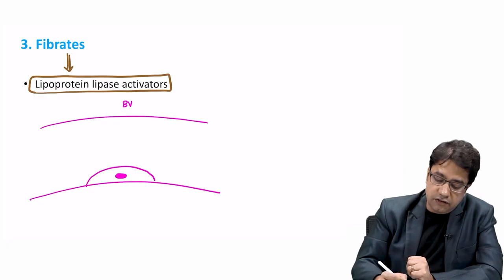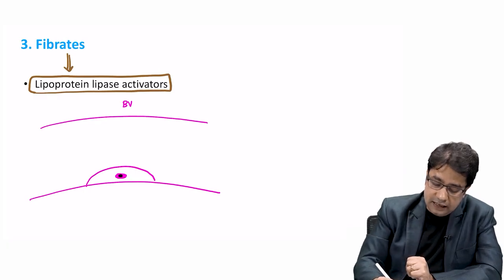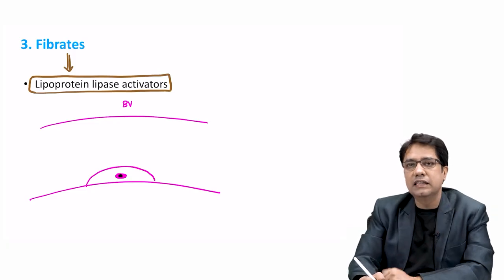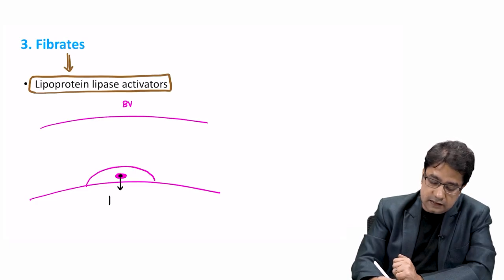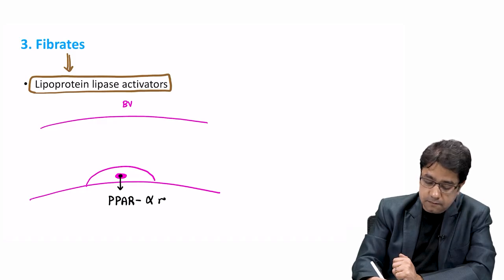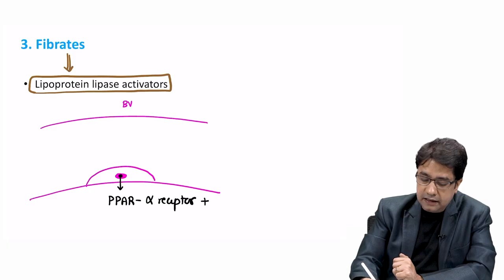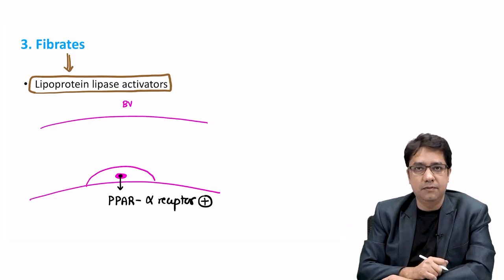So these fibrates, what they do, inside the endothelial cell's nucleus there is a receptor known as PPAR alpha receptor. Fibrates come and activate this receptor.